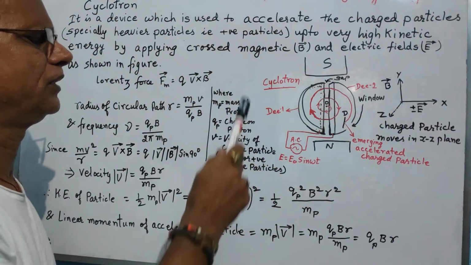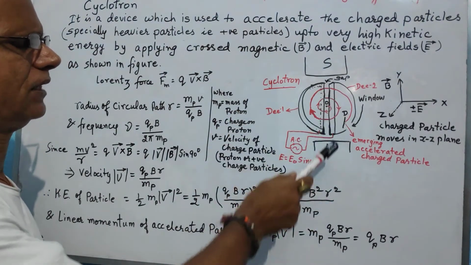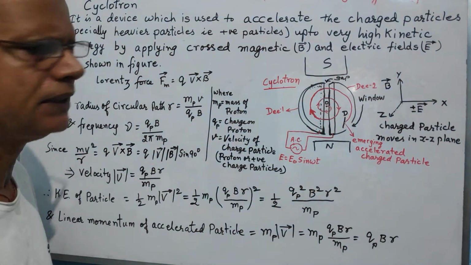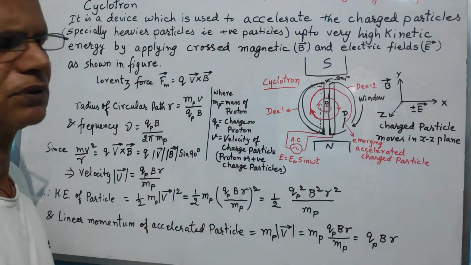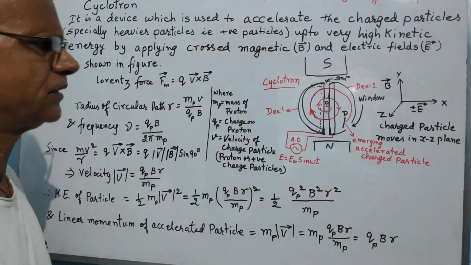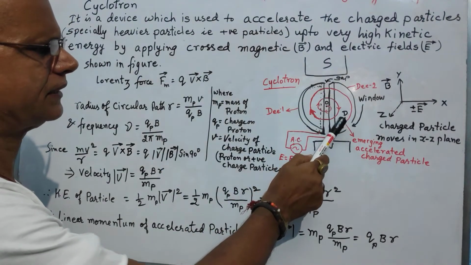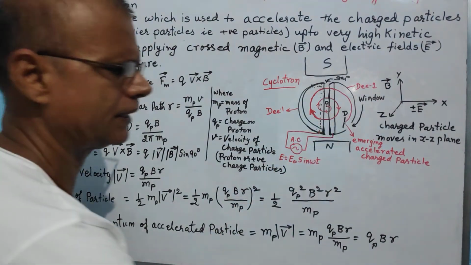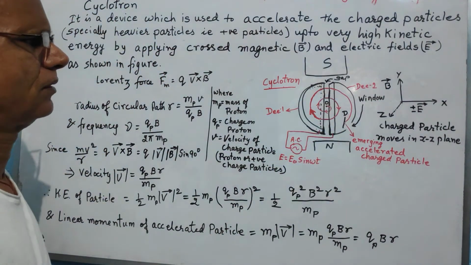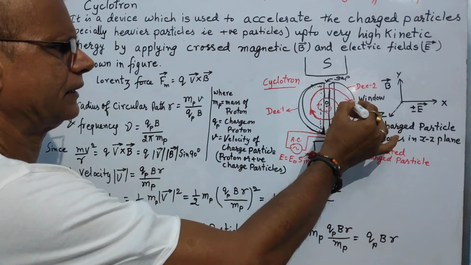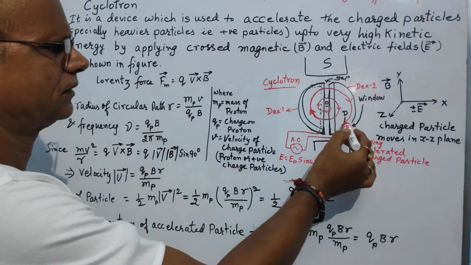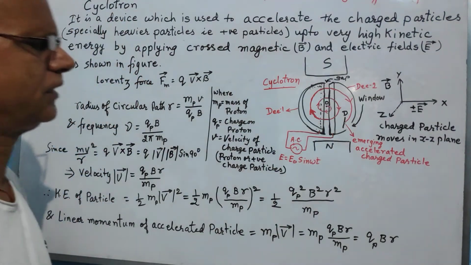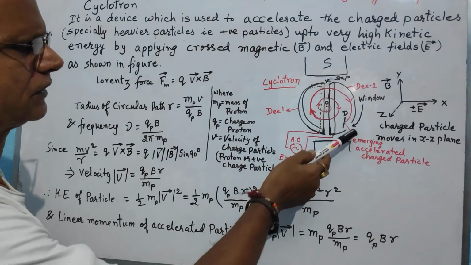And so now if we don't eject it, what will happen? The charged particle will collide with the body of the D, and there it will be absorbed. But that is not our purpose. So we use a deflector here, denoted by D. Once the charged particle reaches there with certain high kinetic energy, it is incident on the deflector, where it is forced to emerge outside the window.